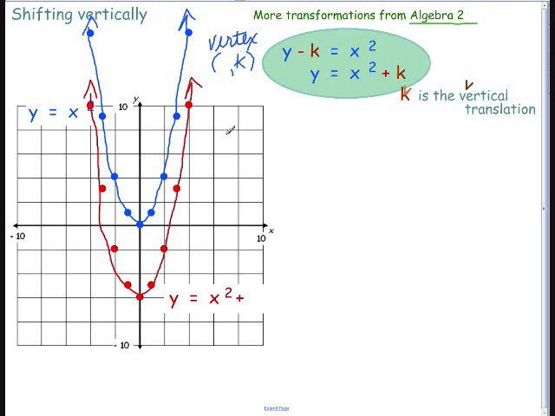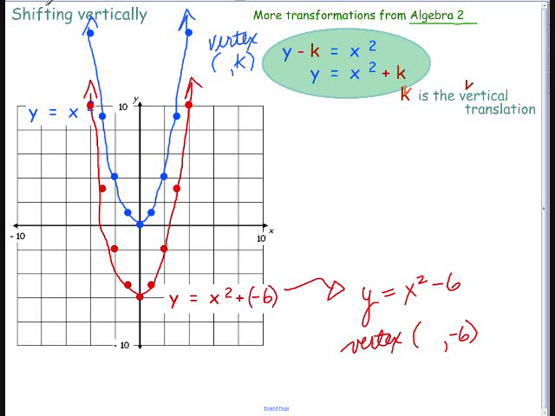Well, we can look at the vertex and we see that this is a 2 by 2 grid, down 2, 4, 6. So it's plus a negative 6, or how would we write that? So our k in this case is, if we're looking at the vertex and just the y-coordinate, it's minus 6 right here. Okay?